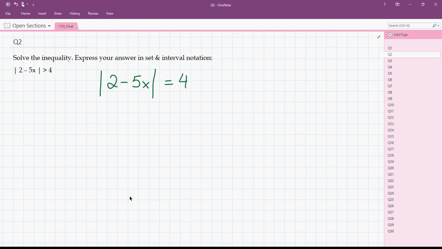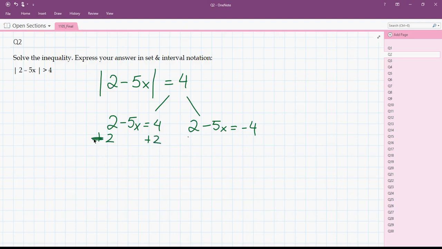What the absolute value means is that it branches out into 2 possibilities, a positive possibility and a negative possibility. So we have 2 minus 5x equals 4, and 2 minus 5x equals negative 4. We have a positive and a negative version, and now we've gotten rid of the absolute value signs. Next step is to solve them.